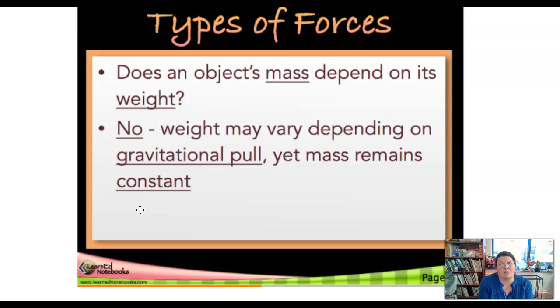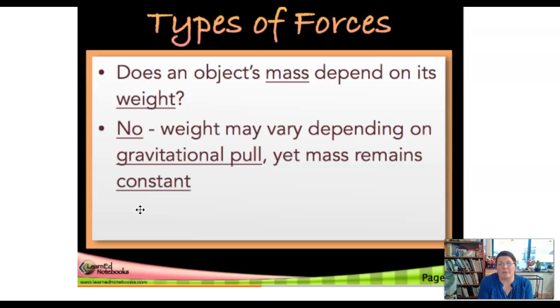And when we're at the equator, we're going to have less gravitational pull than we would here. So the weight would be different, but the mass would remain the same. There would still be the same amount of matter in me, whether I am here or at the equator.